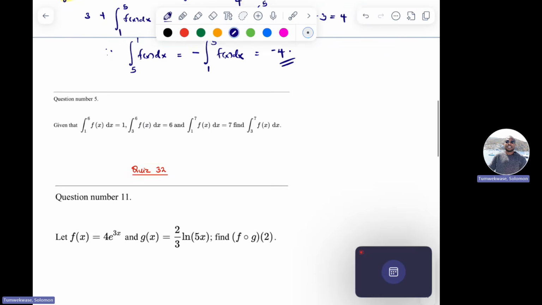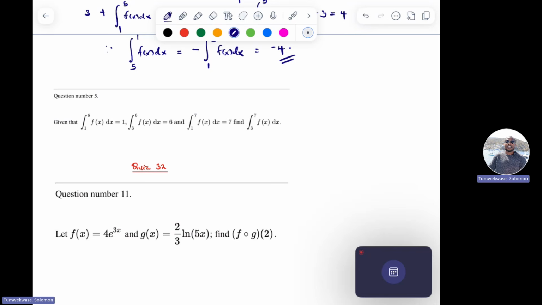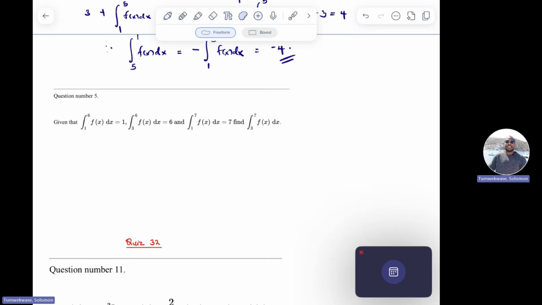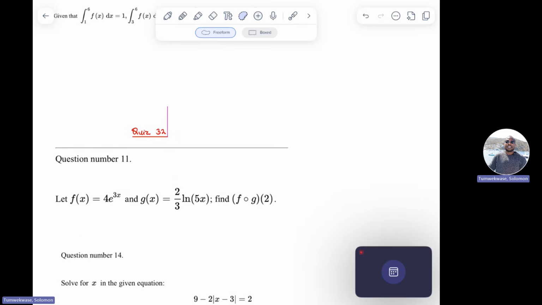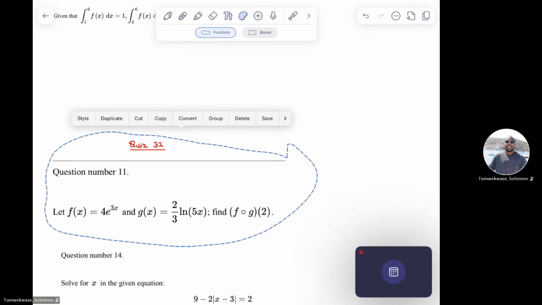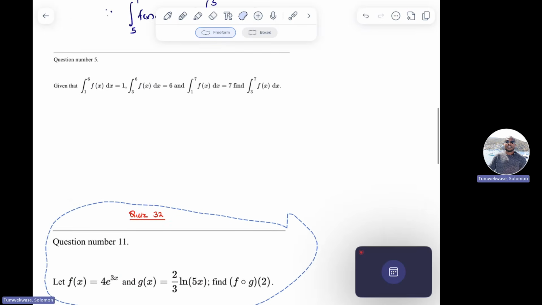Again, question 5, it's almost the same thing. I want to move this a little bit down here. So question 5 is almost the same thing.